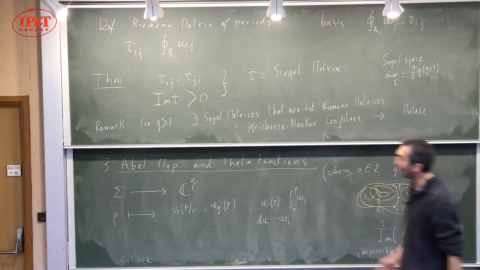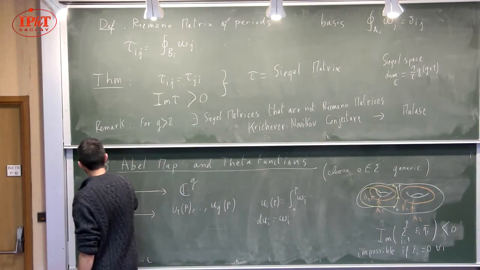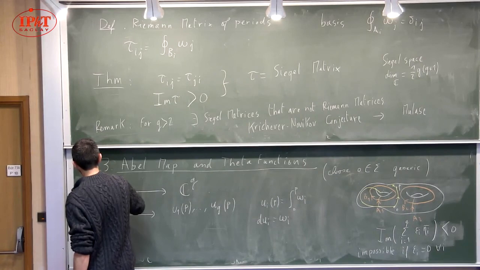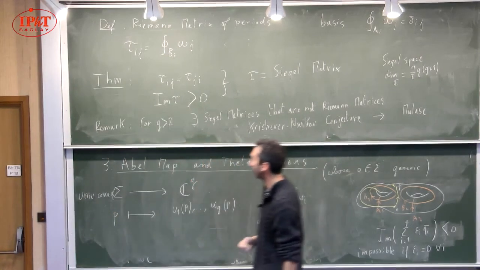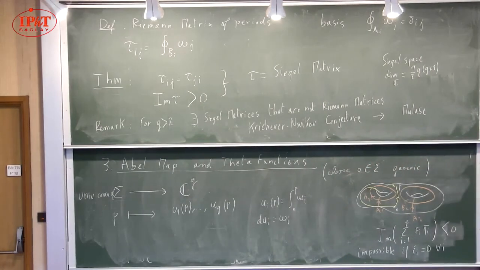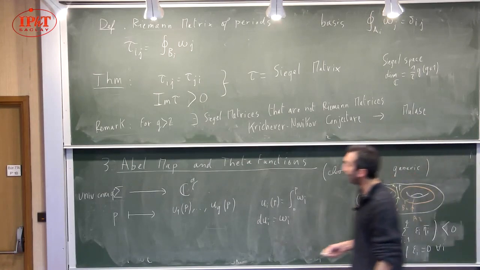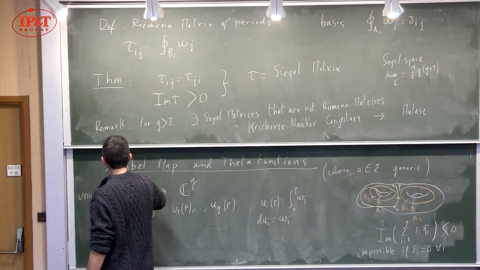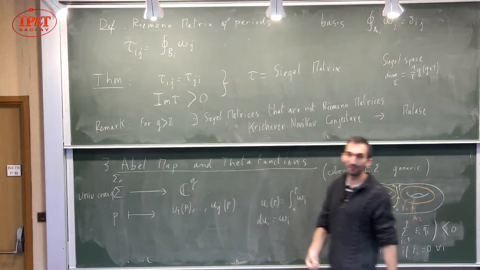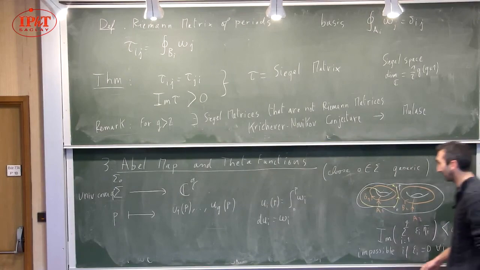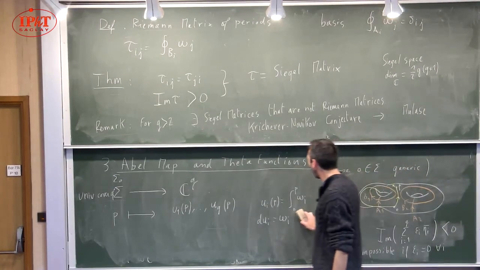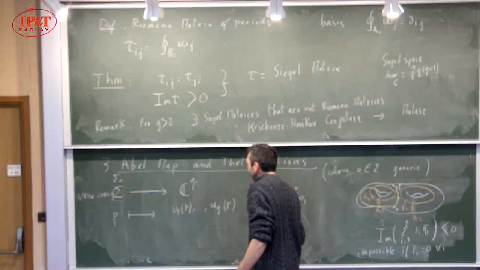So in fact, it's only well defined on the universal cover of sigma. Or if you want, instead of the universal cover, you could also choose to define it on the fundamental domain. So it's not well defined.